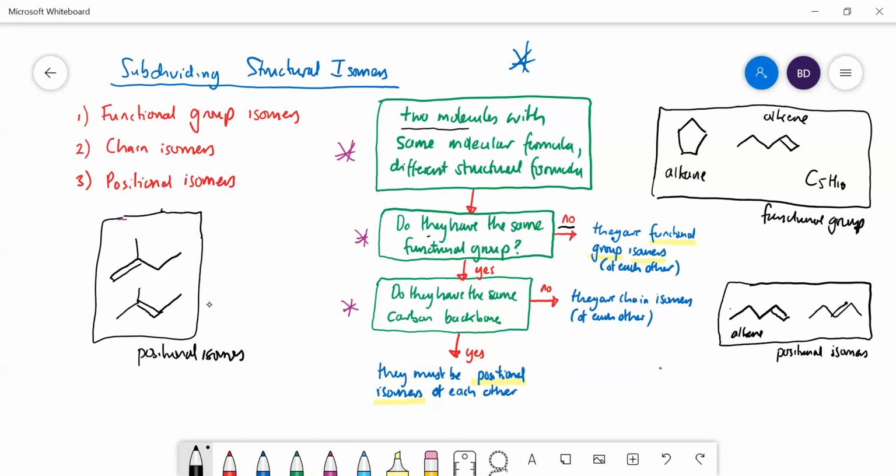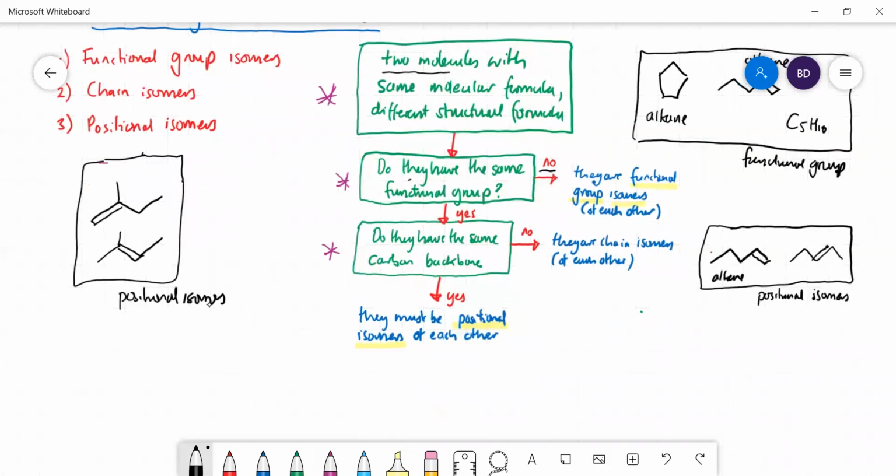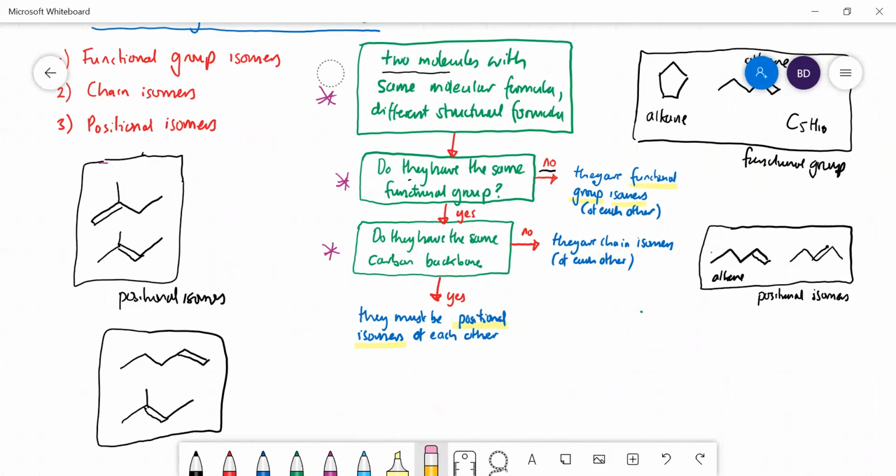Right, let's do one last pair before we finish up. So let's have pent-1-ene, and this one here, which is 2-methyl-but-2-ene. Okay, let's look at those two. Right, go through the questions again. Do they have the same molecular formulae? Yes, they do. So they're some kind of isomers.